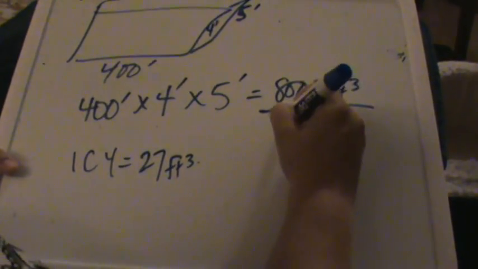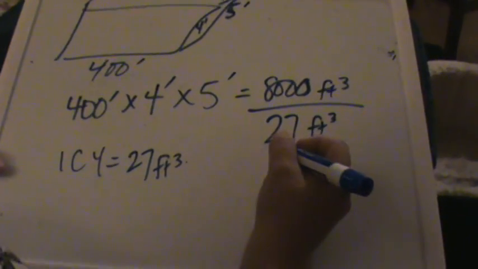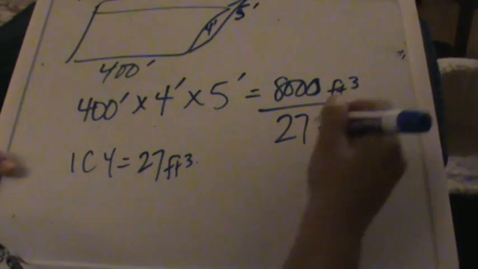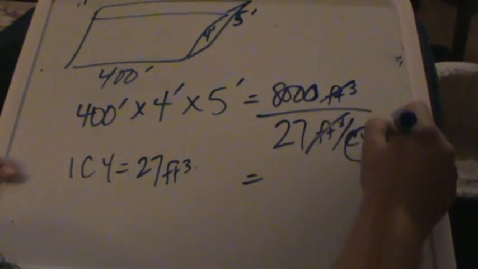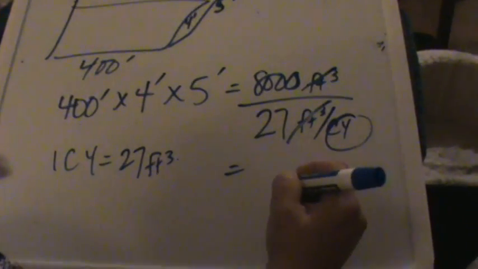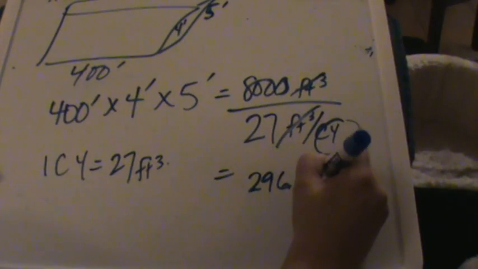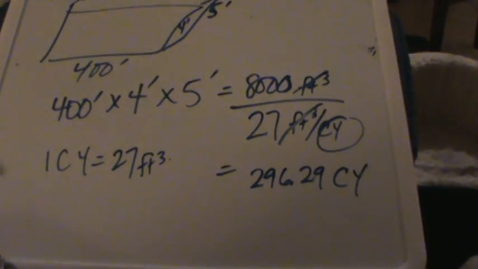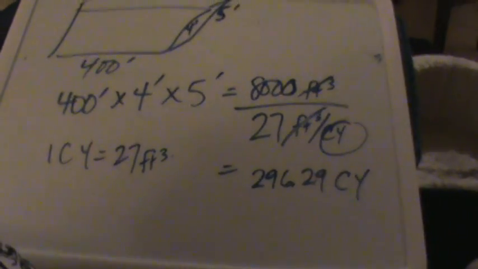So if we divide this by 27 cubic feet per cubic yard, the feet will cancel, we'll be left with cubic yards, and our answer is 296.29 cubic yards. Roughly 296 cubic yards. Okay.